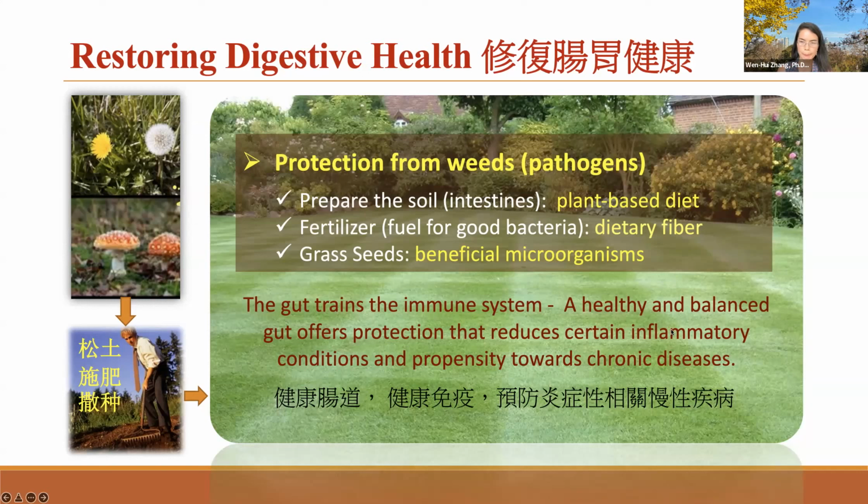A healthy and balanced gut offers protection that reduces certain inflammatory conditions, because most chronic diseases are chronic inflammatory conditions related to immune system dysfunction. So healthy gut, healthy immune system, and then we will have a healthy life.